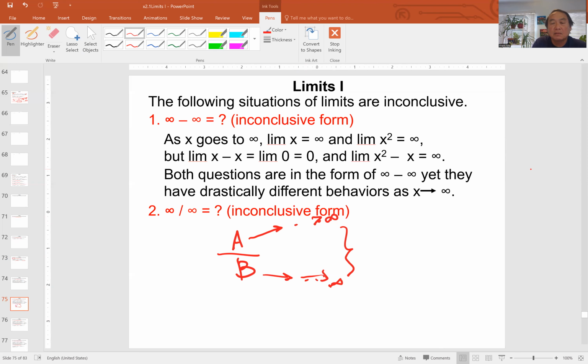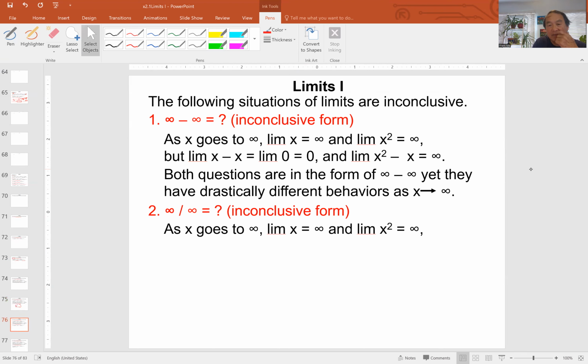The answer is we don't know. For example, the limit of x is infinity and the limit of x squared is infinity. But if I divide x by x squared, the top goes to infinity and the bottom goes to infinity, so infinity divided by infinity.